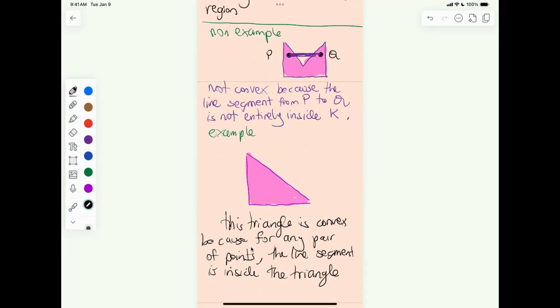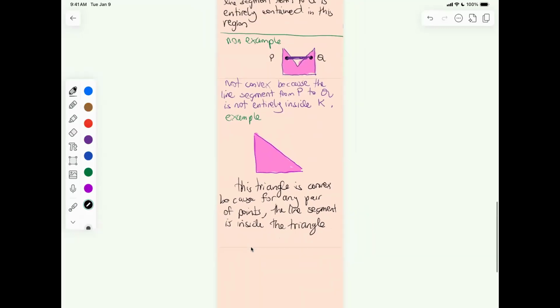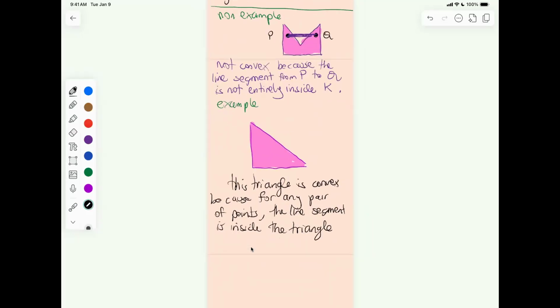That making sense? Okay, that's the picture. Here's another one. Again, we're just playing it by picture. Let's say I gave you a disk.